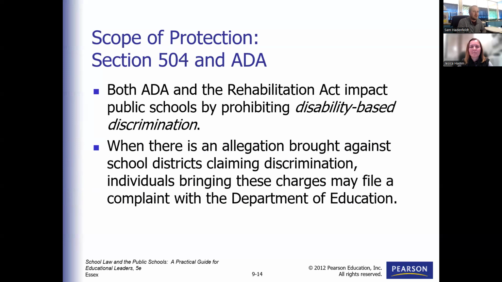Both the ADA and the Rehabilitation Act impact public schools by prohibiting disability-based discrimination. When there is an allegation brought against school districts claiming discrimination, individuals bringing these charges may file a complaint with the Department of Education, and the Department of Education can terminate their federal funding if the complaint passes the judicial process.